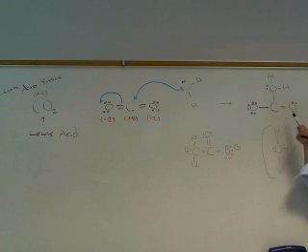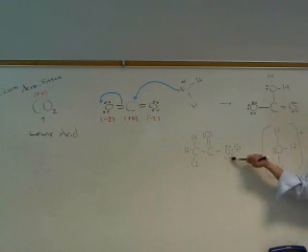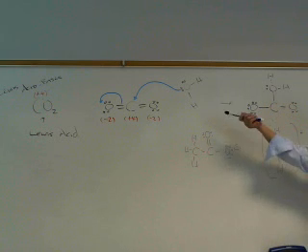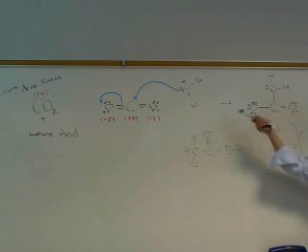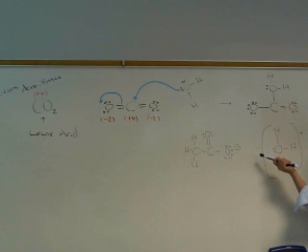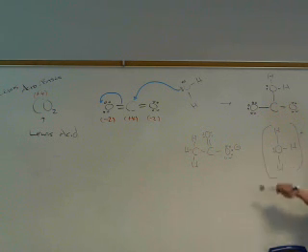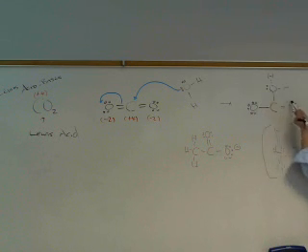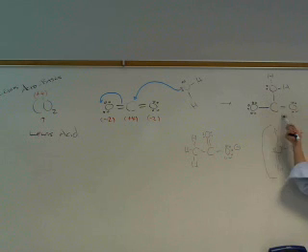Here we have 2 lone pairs. Acetate's extremely common, hydronium's extremely common, CO2 is extremely common. And so is there a rule for lone pairs? You can't have more than 3 lone pairs. Well, are we exceeding? This is 3 lone pairs. This is 1 lone pair. This is 2 lone pairs.